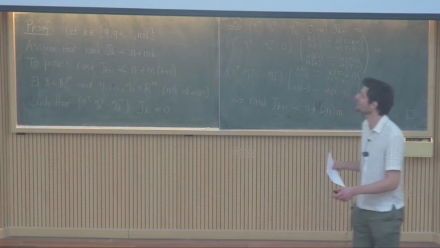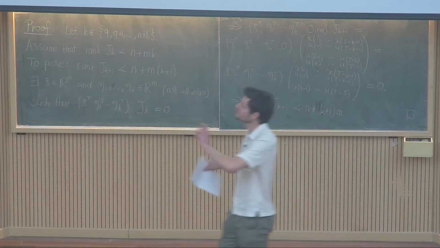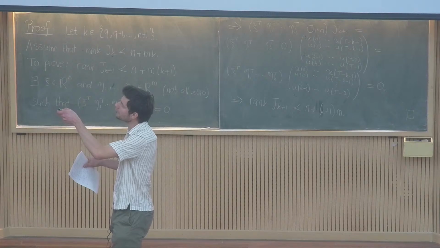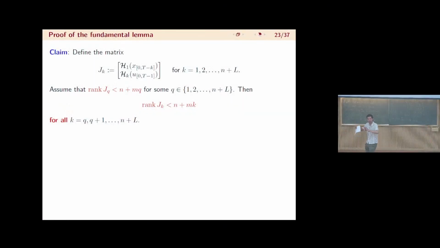No? Okay. So the point of the claim is the following, right? So assuming that this Jq matrix does not have full row rank, then all deeper Hankel matrices, so for k, q, q plus 1, and onwards, also do not have full row rank. That's the point. That's what we proved. Okay.